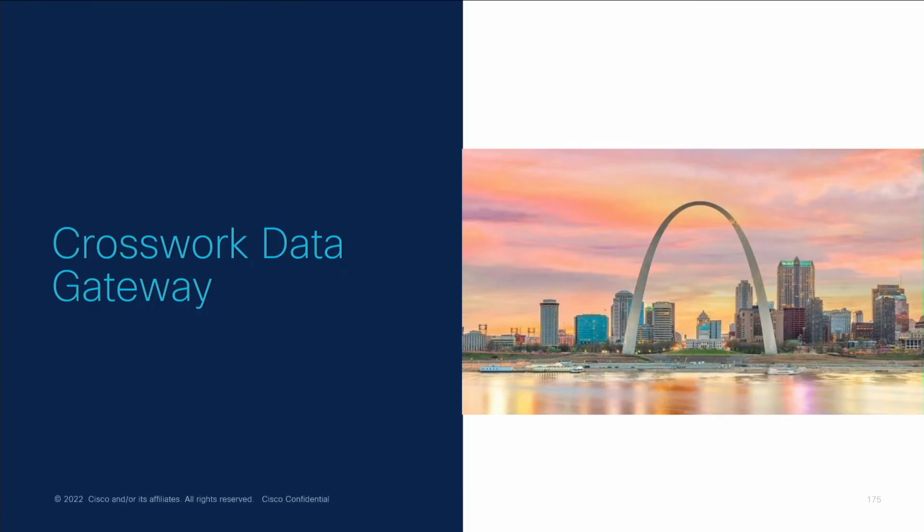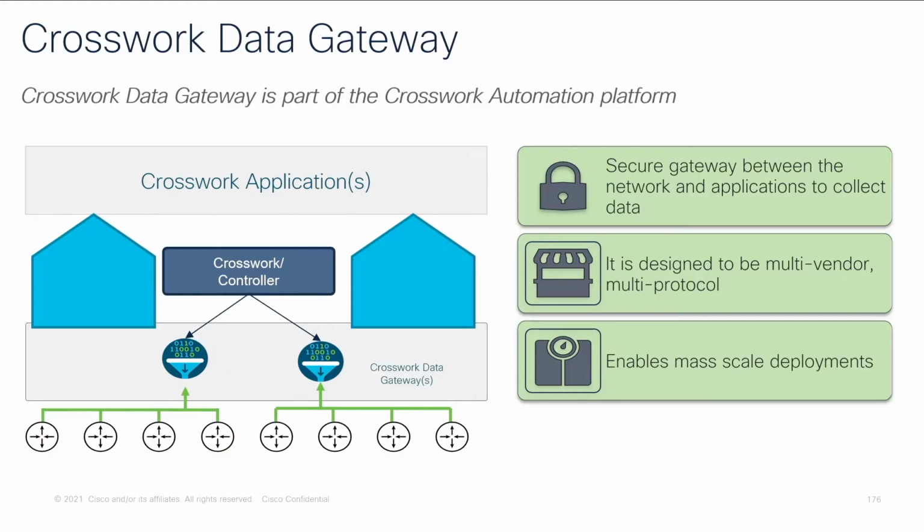The Crosswalk Data Gateway is the gateway for all the information coming from the network into Crosswalk. It supports the traditional protocols, SNMP, syslog, model-driven telemetry, and gNMI, and it allows horizontal scaling for performance.